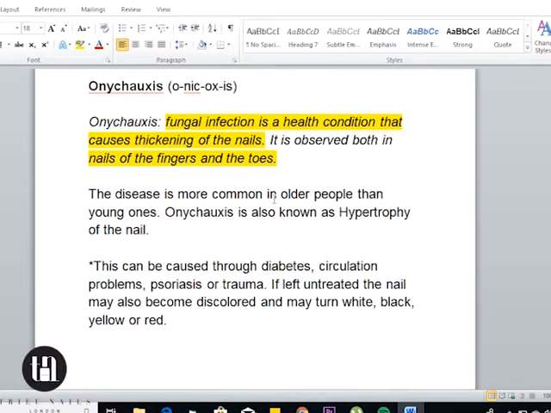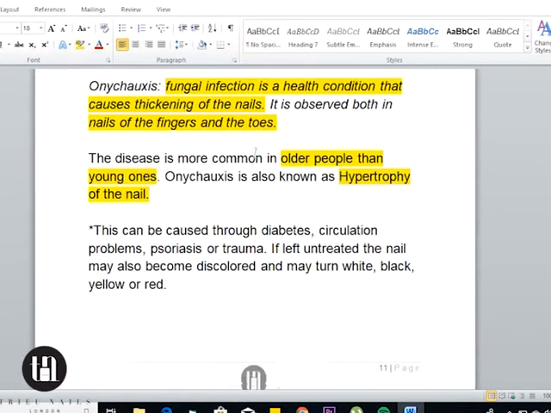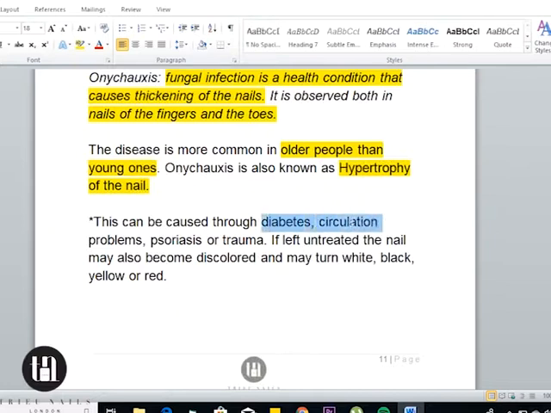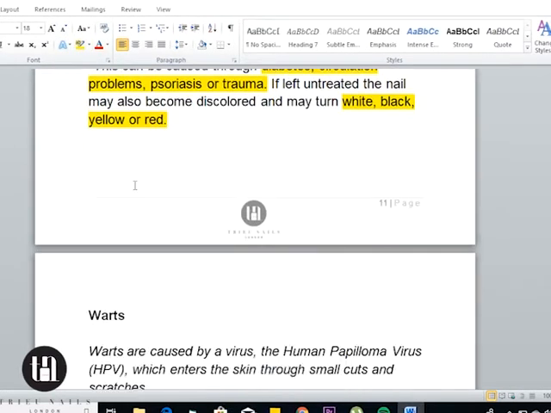It's more common in older people than younger people, and it's also known as hypertrophy of the nail. As it's a health condition, it's usually caused by diabetes, circulation problems, psoriasis, or trauma. If it's left untreated, the nail can become discolored, turning white, black, yellow, or even red. You should be able to see this in the images.